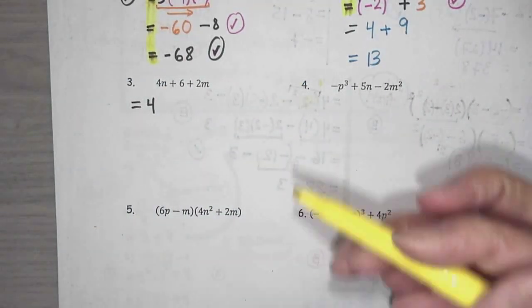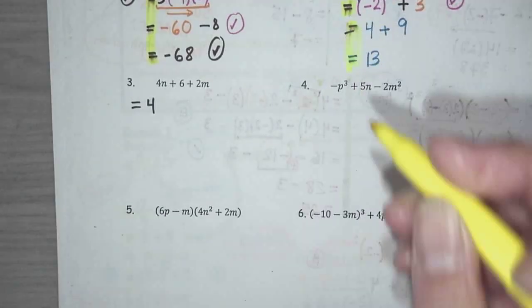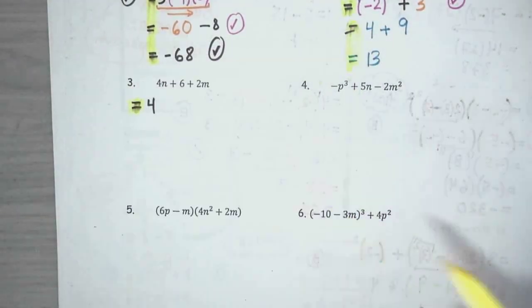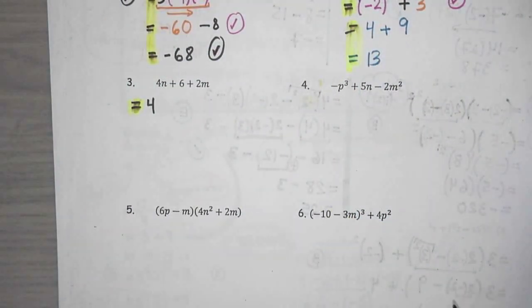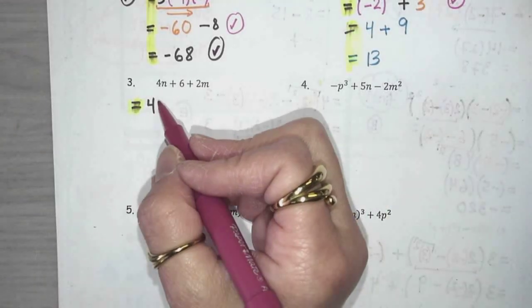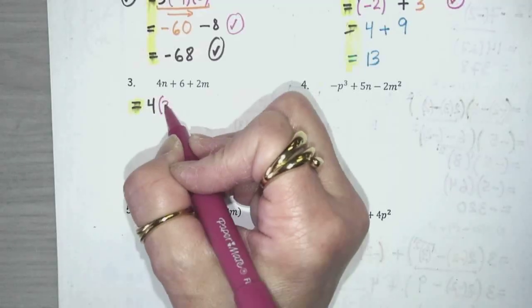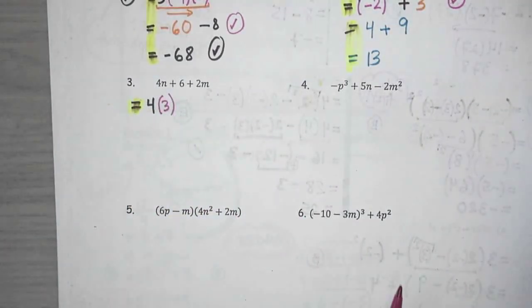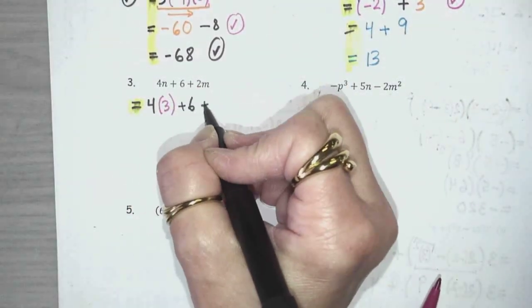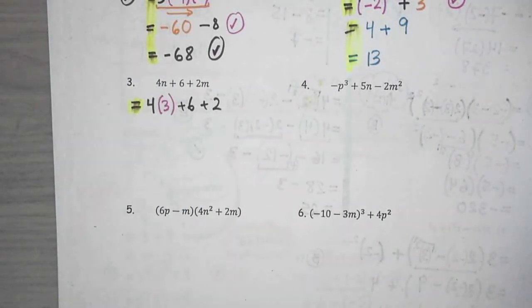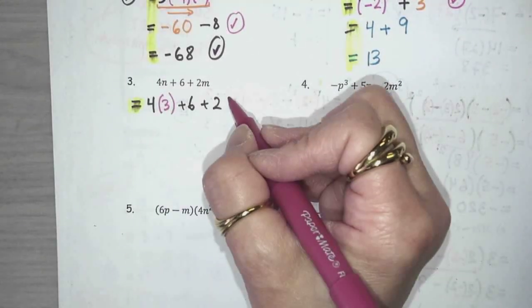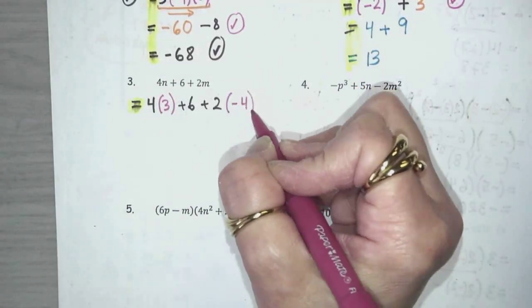Oh, and notice equal signs all the way down this left side. Okay, so start with the equal sign. So equals 4, and then we've got n, which is 3, so bracket 3, so times 3. We still have the plus 6 plus 2, and then the m is bracket -4.